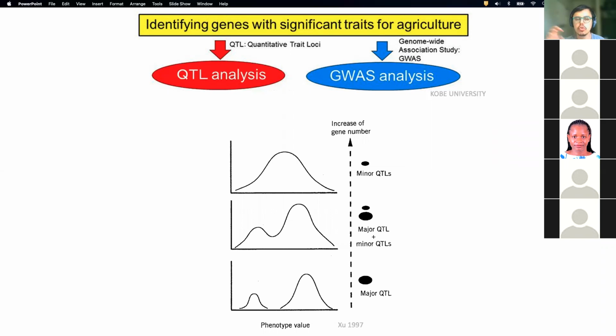So you plant that training population in different environments, and with that you can predict the effects of those environments. With that information, you can predict the other lines that you didn't include in the training population but are part of your breeding population. Okay.